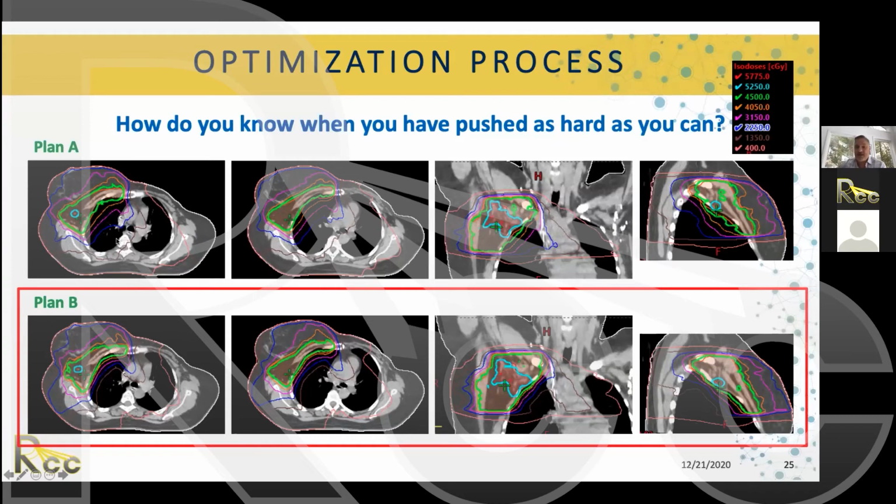I could stop right there and move to the next patient. But I say, let me see if I can constrain the lungs a little more, because I know I'm doing a favor to the patient. The less dose to the lungs, the fewer side effects and toxicities later, without compromising the coverage. So Plan B is actually better than Plan A.